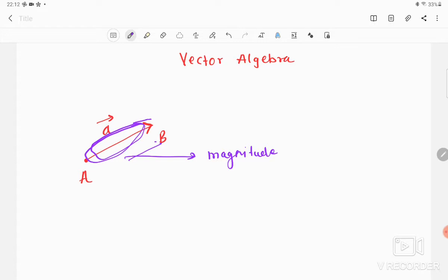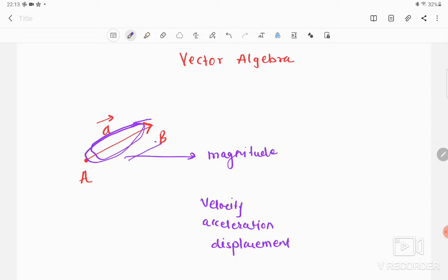And we know that in physics a vector has so much importance, like there are certain quantities like velocity, displacement and acceleration. They all are represented by the vector.